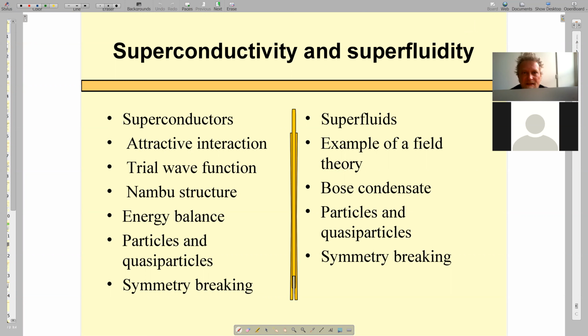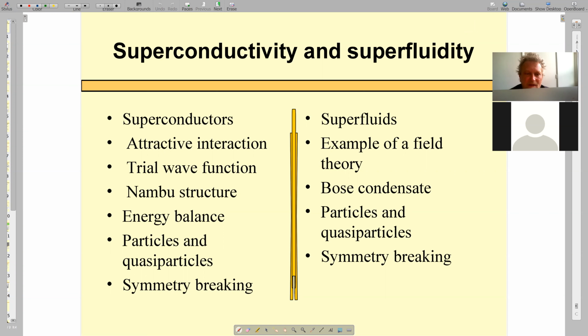How do we treat systems of a big number of particles with the help of creation and annihilation operators? Superconductivity and superfluidity provide us very good examples of how you could go creative with these operators and how you can describe phenomena which are, well, impossible to describe otherwise.